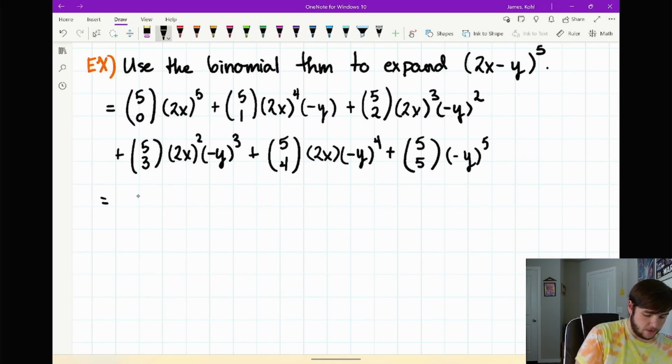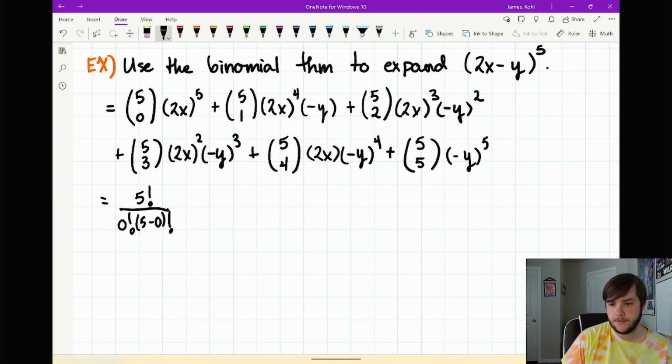5 choose 0. That's 5 factorial over 0 factorial times 5 minus 0 factorial. For those that don't remember, 0 factorial is just 1. So I'm going to have 5 factorial over 5 factorial, which is 1.